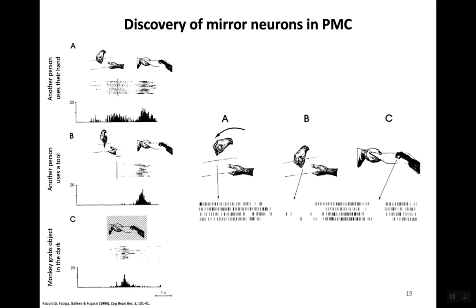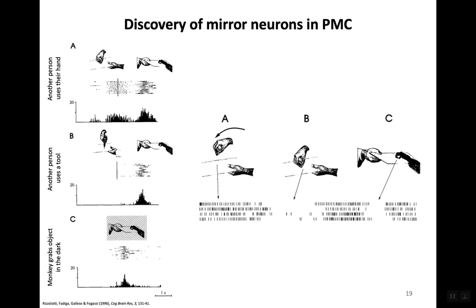Well, the hypothesis of Rizzolatti and colleagues was that, in line with their observations, the same population of neurons appears to relate observation of meaningful actions and execution of those actions, and in that sense bridge the gap, perform a link between noticing the actions of others and being able to execute your own actions.